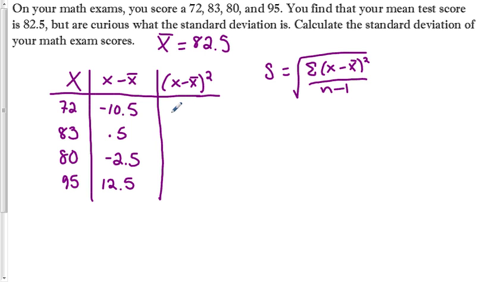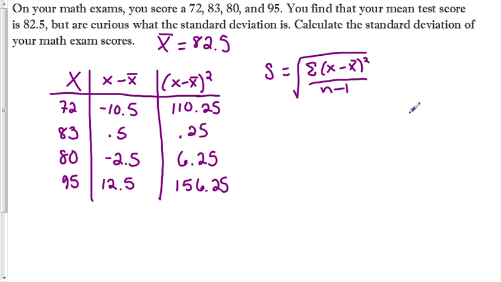Negative 10.5 squared is 110.25. 0.5 squared is 0.25. Negative 2.5 squared is 6.25. And last but not least, 12.5 squared is 156.25.